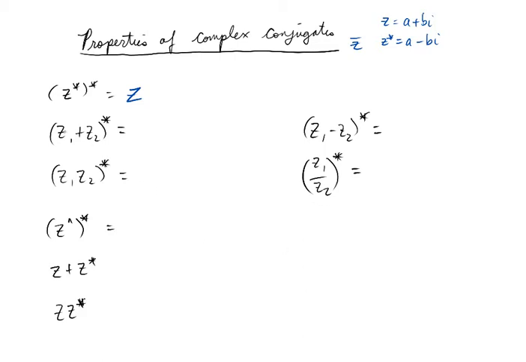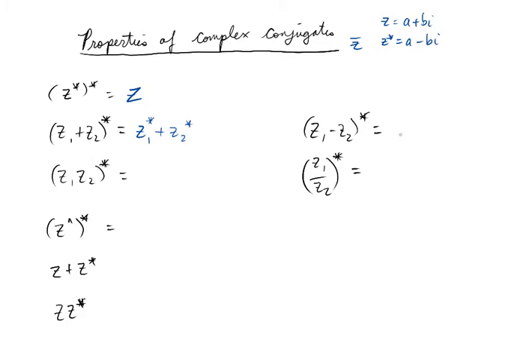If I conjugate z1 plus z2, so if I take this plus maybe c plus di, that actually turns out to be the conjugate of each of those terms, and then the plus sign stays the same. So you can think of this as distributing across the operation, slightly different from regular algebra or arithmetic.